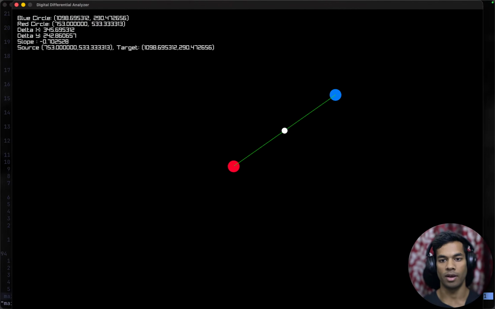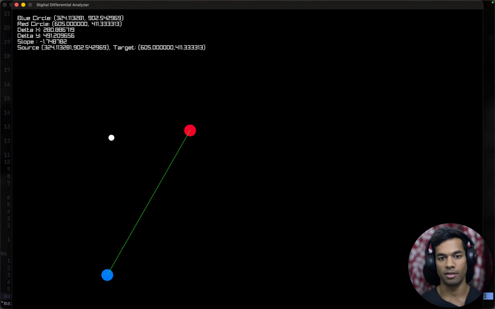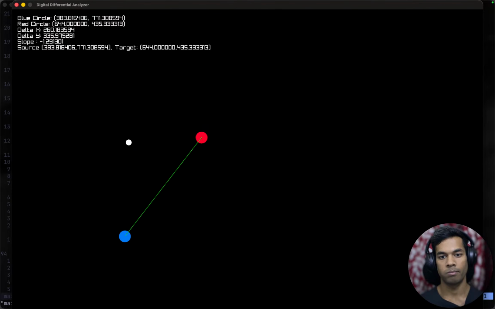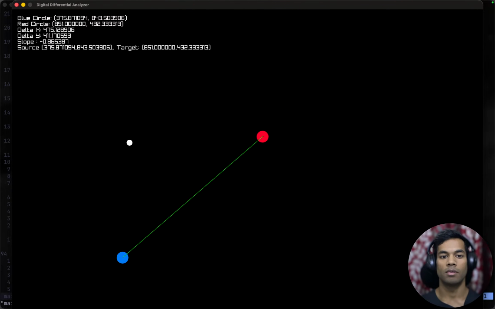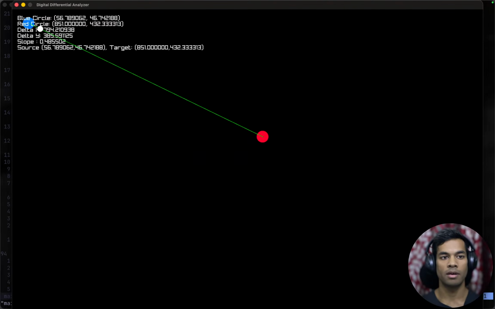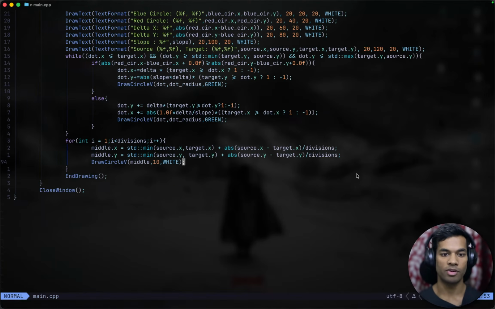Okay, let's increase the number of divisions. Okay, yeah, this is not working. Okay, this does make sense. Let's also write there the number of divisions.